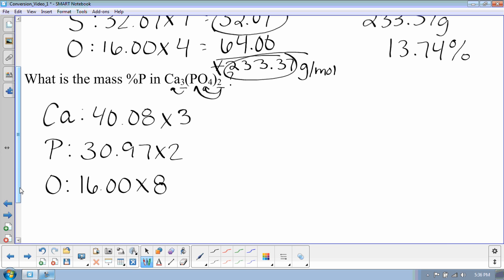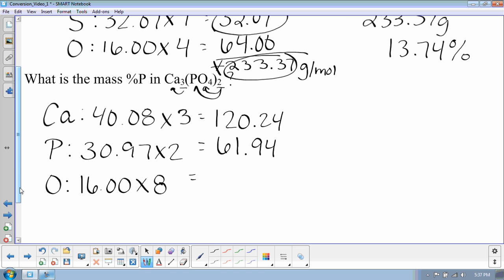So let's go ahead and calculate the mass for calcium. So it's 40.08 times 3, which gives us 120.24. Phosphorus is 30.97 multiplied by 2. And I get 61.94.